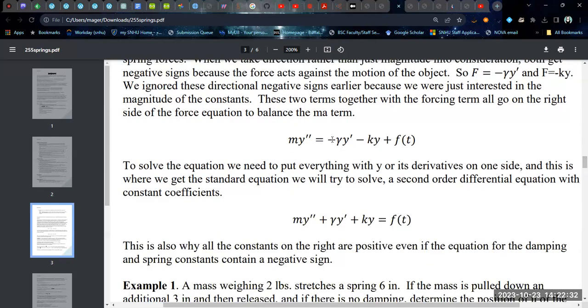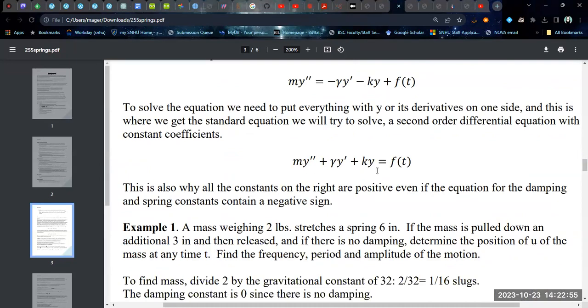And so all these were pulling in the opposite direction of the gravity. And so now that they're all on the same side of the equation, they're adding to each other. This is one of the reasons why we frequently get complex solutions. If there were more negatives, we would be much less likely to get complex solutions, but we get a lot of them. So this is our sort of standard way of setting up the differential equation.